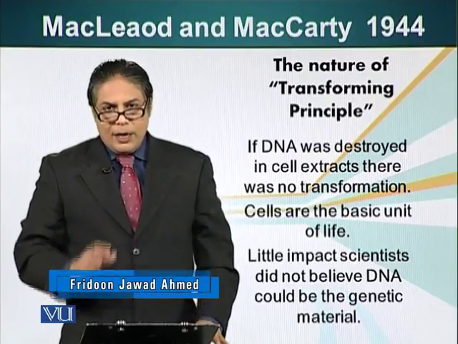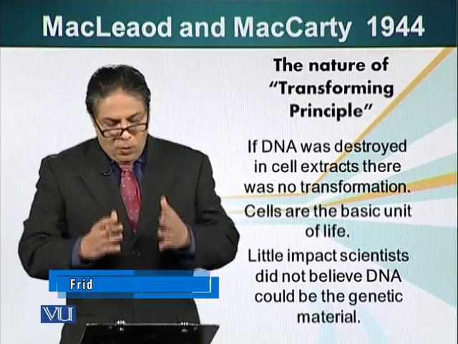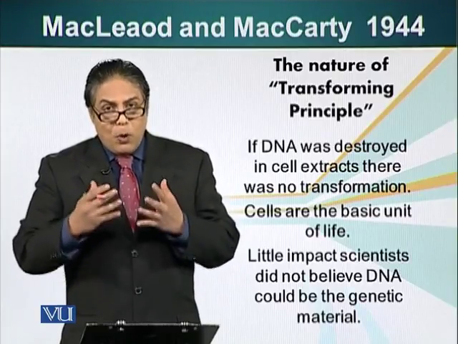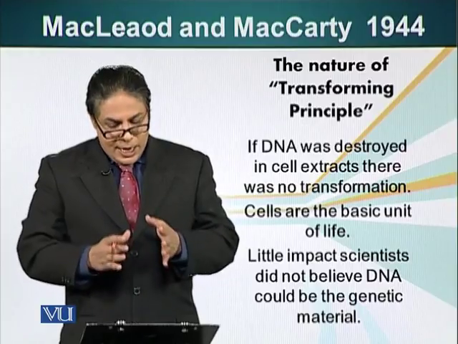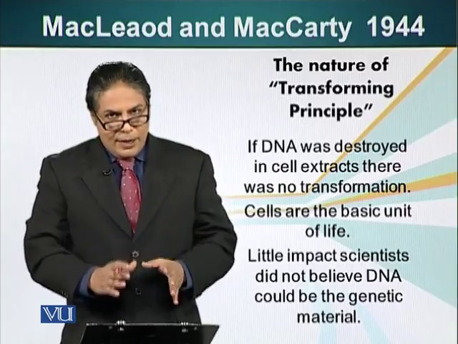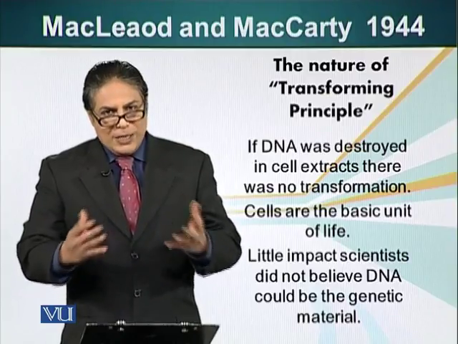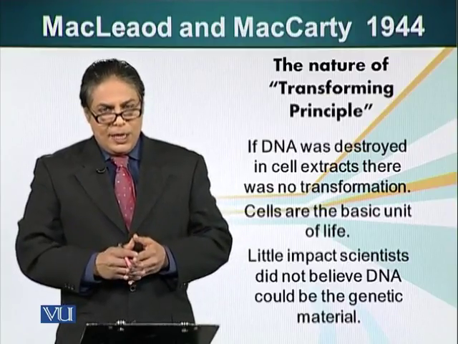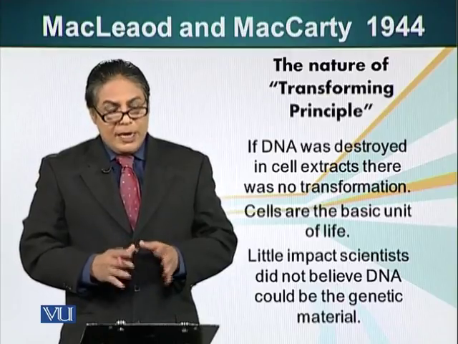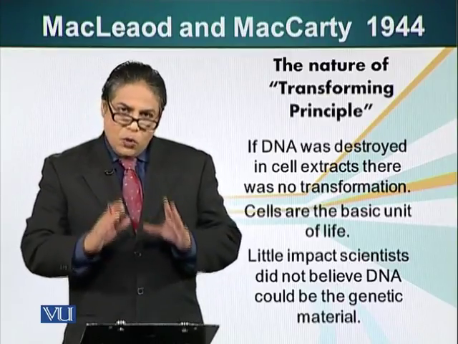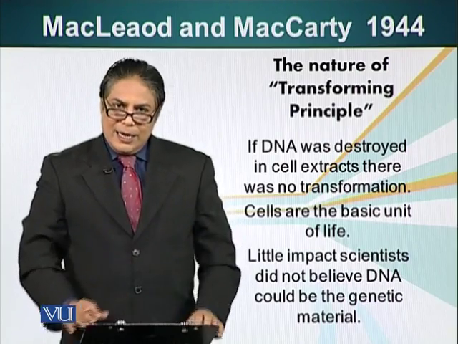Next, we will look at other experiments that also try to discover what the genetic material is. The results of this 1944 experiment were published, and were basically ignored by the scientific community. Next, we are going to look at another experiment that conclusively showed that DNA is the heredity molecule.